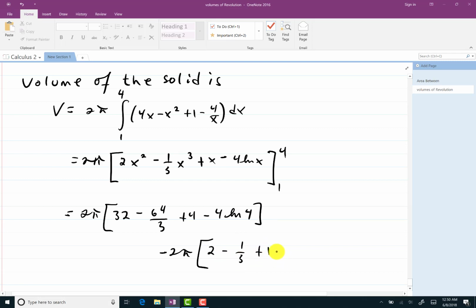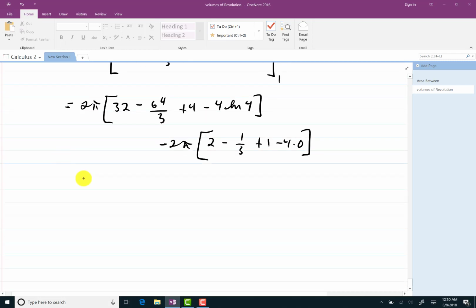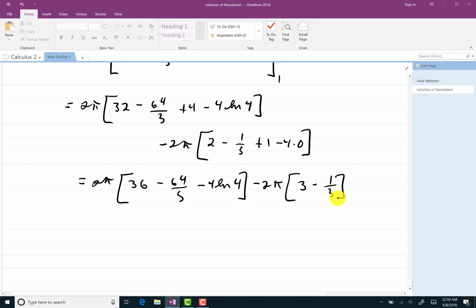Ln of 1 is 0, so minus 4 times 0 is 0 for that piece. I'll simplify each piece separately, so I get 2 pi, let's see, 36 minus 64 over 3 minus 4 ln of 4 minus 2 pi times 3 minus 1/3. That equals 2 pi.